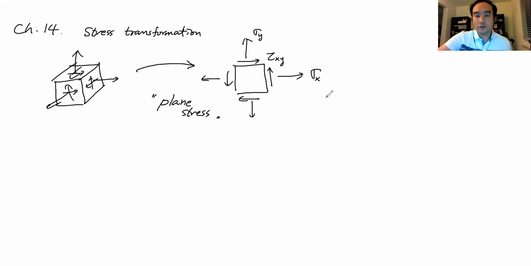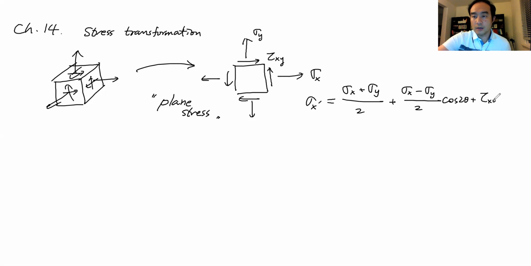So through the derivation, we got these two equations. Sigma x prime is equal to sigma x plus sigma y over 2, plus sigma x minus sigma y over 2 cosine 2 theta, plus tau xy sine 2 theta.